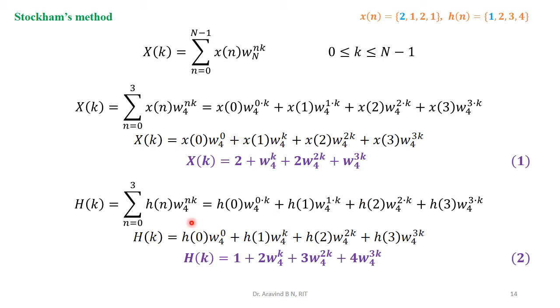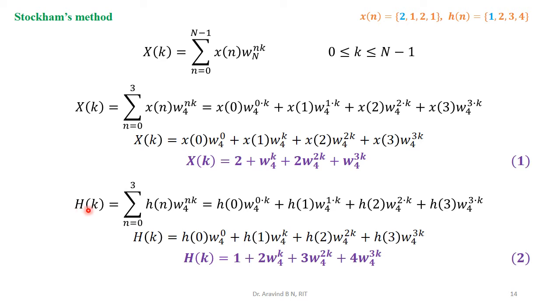Similarly, we are going to make an expansion with respect to h. Because we are working with sequence h, there is a notational variation: its corresponding output sequence will be H of k.